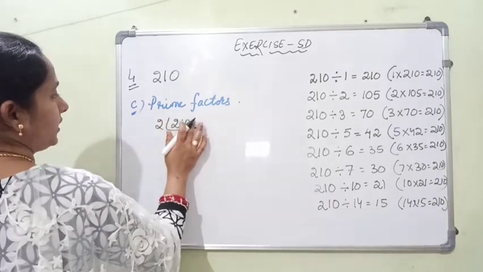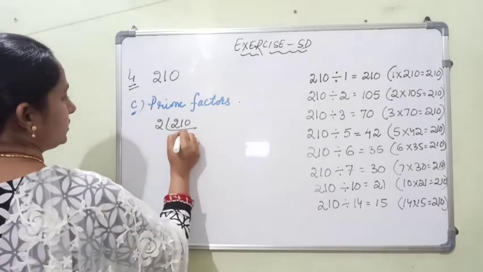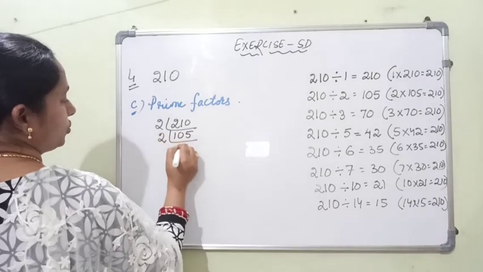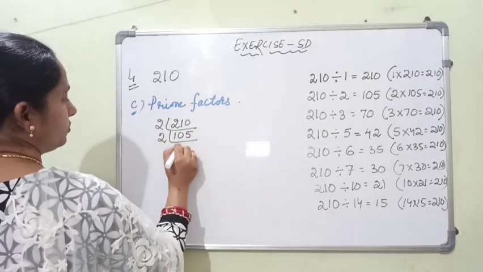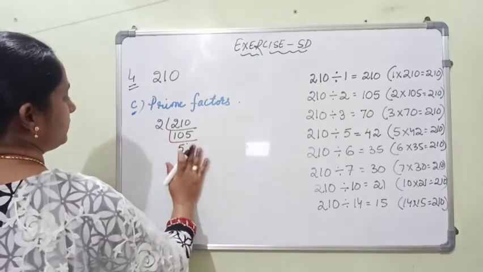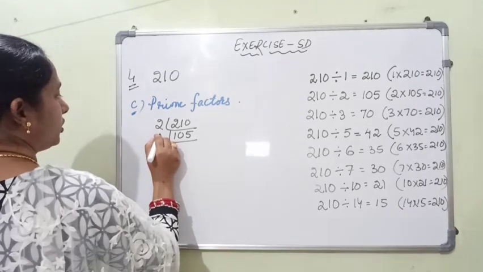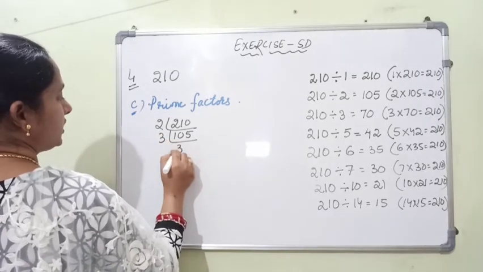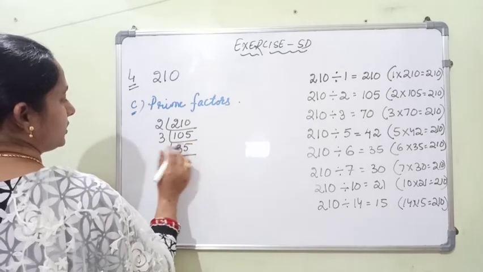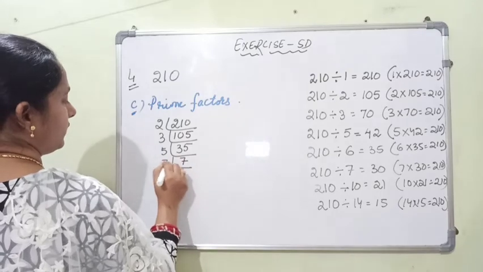As it is ending with 0, we can divide it by 2. 2 ones are, 2 zeros are, 5s are. 2 5s are 10. Sorry, it cannot be divisible by 2. It can be divisible by 5. Or 3 also. 3 3s are 9. 3 5s are 15. This further can be divisible by 5. 5 7s are 35 and 7 1s are 7.